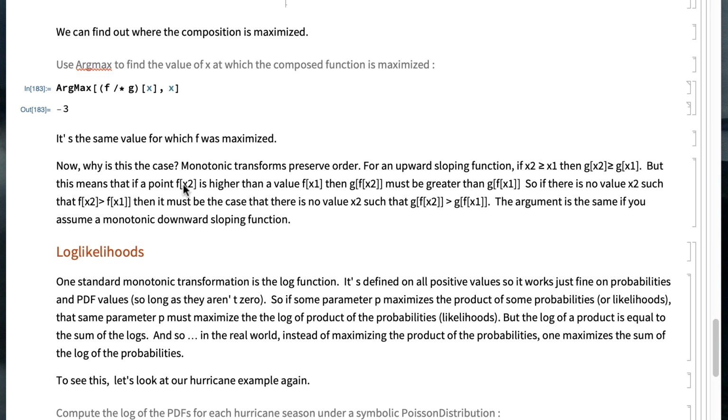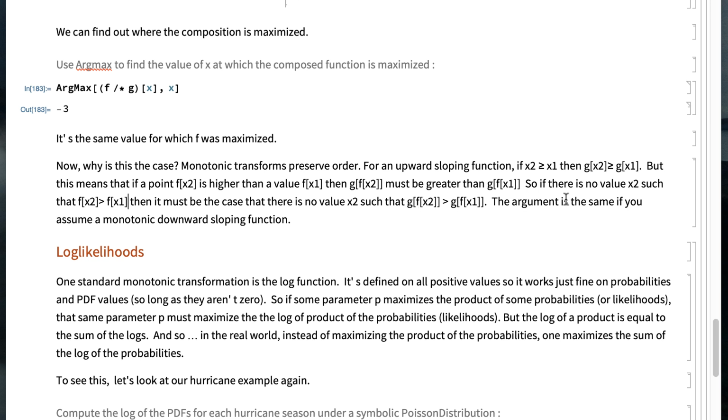But this means that if a point f of x2 is higher than a point f of x1, then g of f of x2 must be greater than g of f of x1. So if there is no value x2 such that f of x2 is greater than f of x1, then it must be the case that there's also no value x2 such that g of f of x2 is greater than g of f of x1.